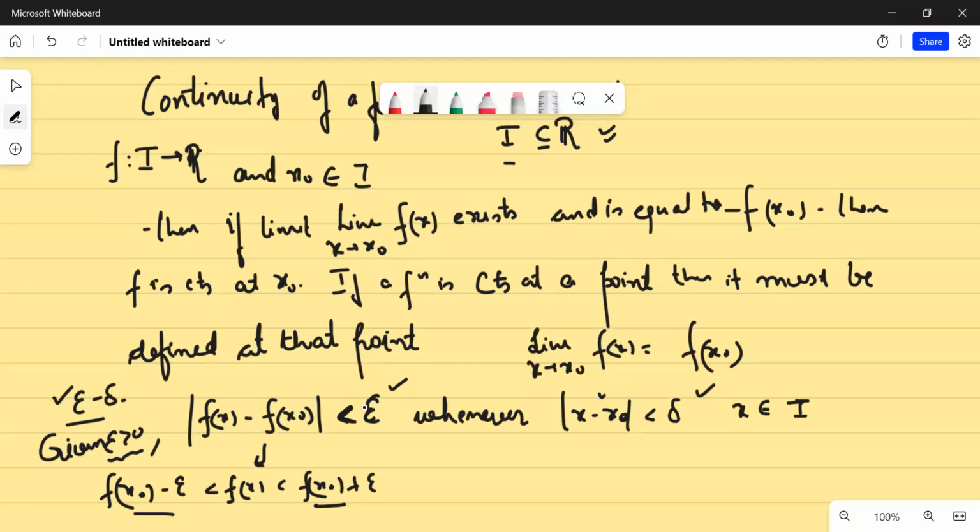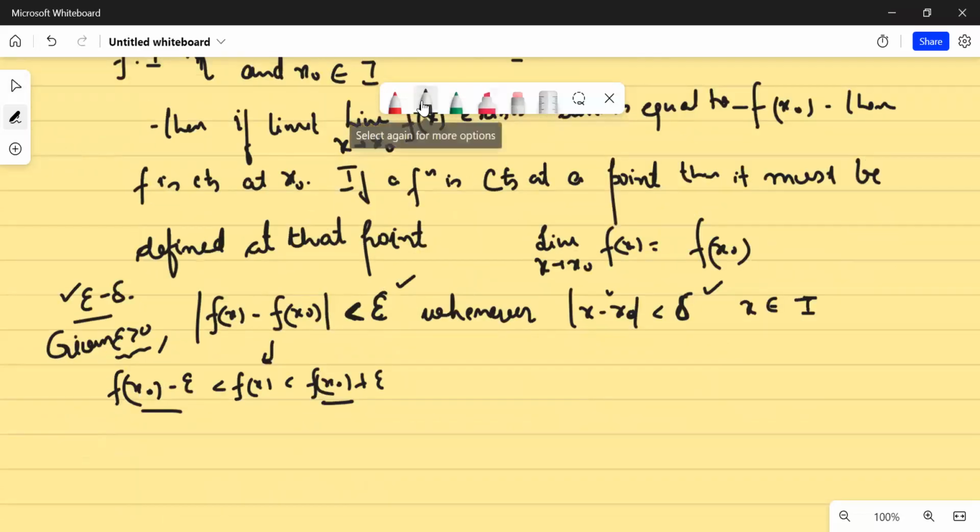Every time you say that my function should be very close to f of x naught, I will say yes, it will be, provided x is close to x naught to a certain degree. If I can say this every time you give me an epsilon, it implies that my function is continuous. Is that clear to you, or should I repeat it again? Harshit, should I repeat it?